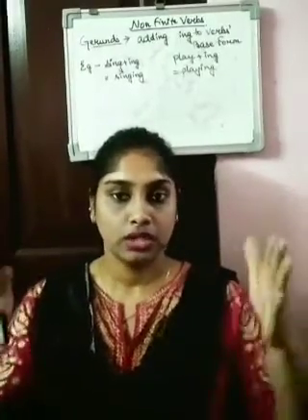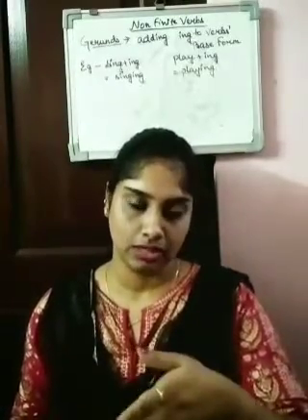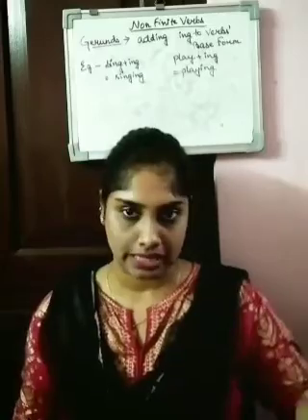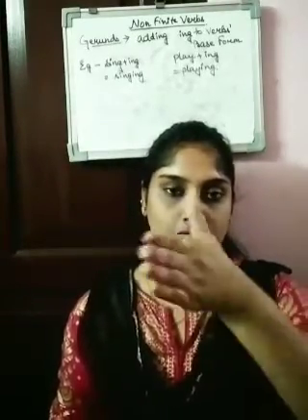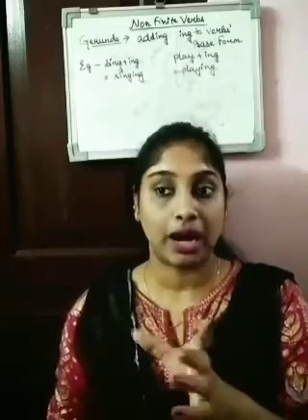We have already read in our previous chapter, the chapter on verbs, a list with three parts: present tense, past tense, and past participle. The form of the present participle is verb plus ing.